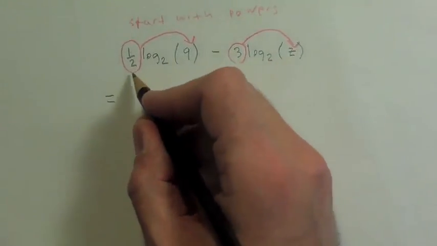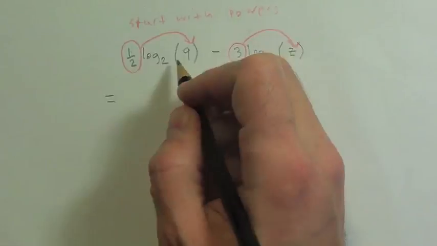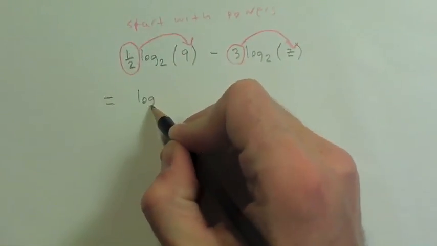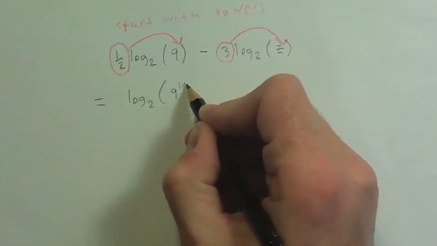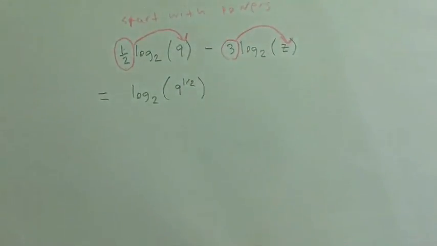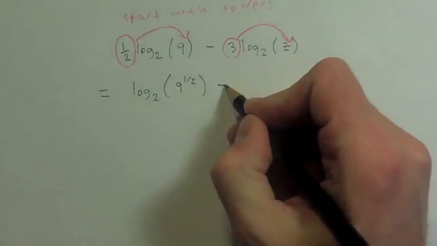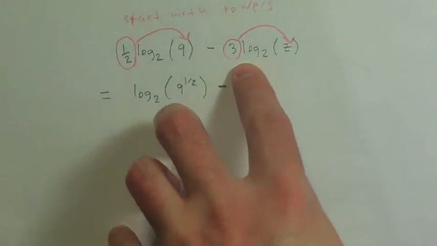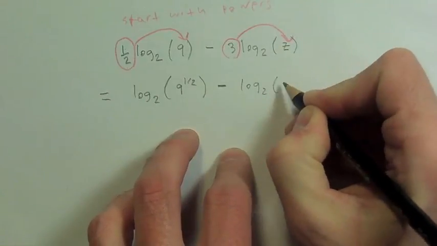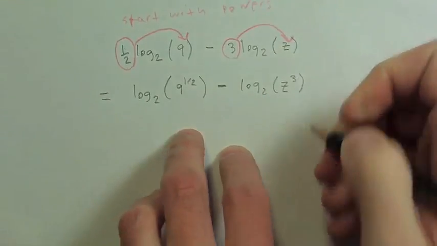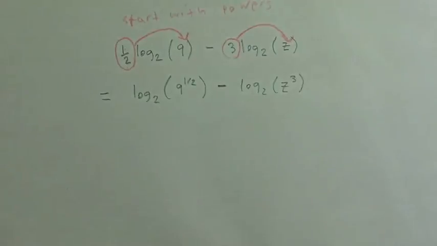If I have 1/2 times log base 2 of 9, I will then get log base 2 of 9 to the 1/2. Then here, I'm going to take this 3 and move it up, as this is log base 2 of z cubed. So 3 log base 2 of z becomes log base 2 of z cubed.